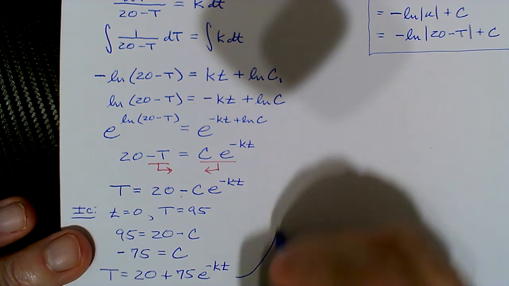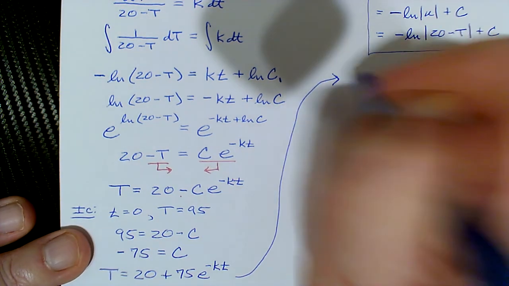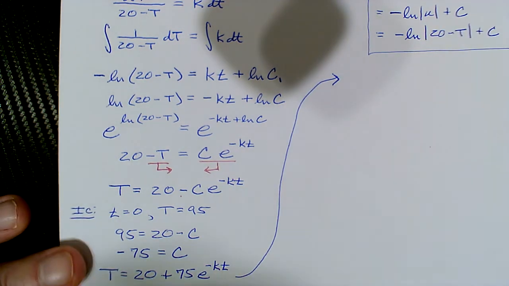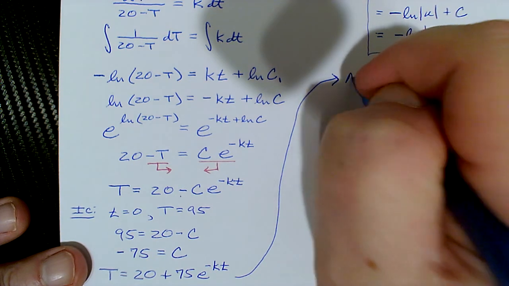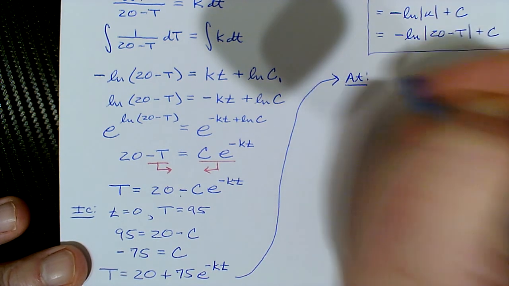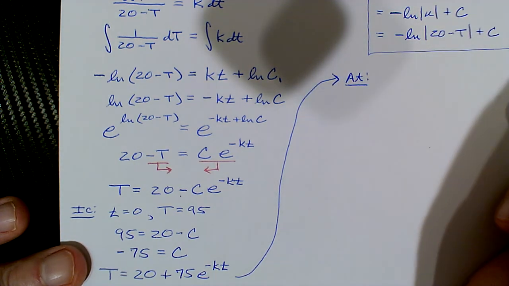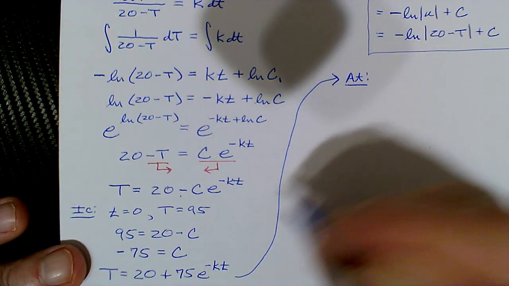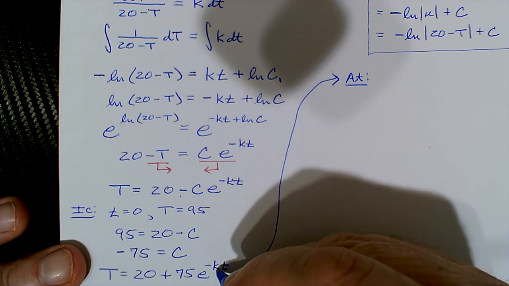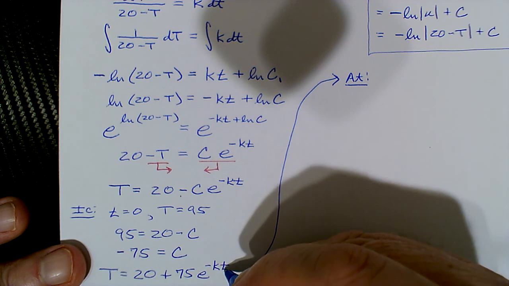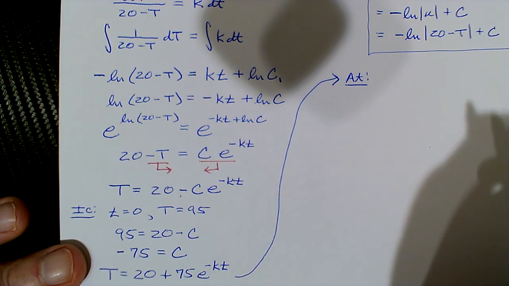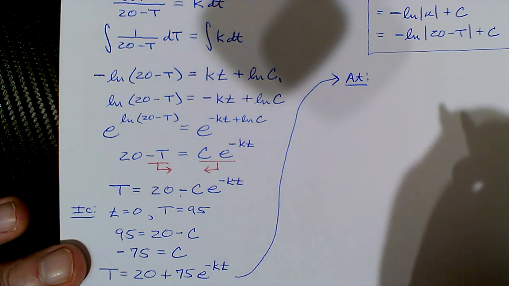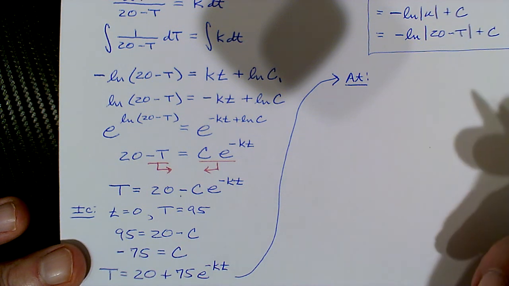Alright, and we'll go up here. I think this should give me enough room. The intermediate condition is what allows us to solve for the coefficient of t in the exponential factor. So this determines the rate of decay.